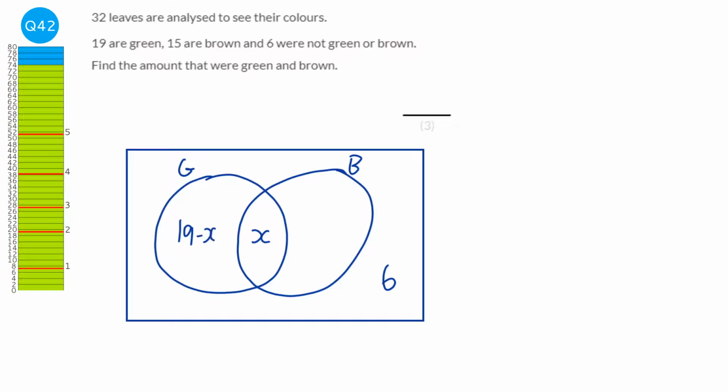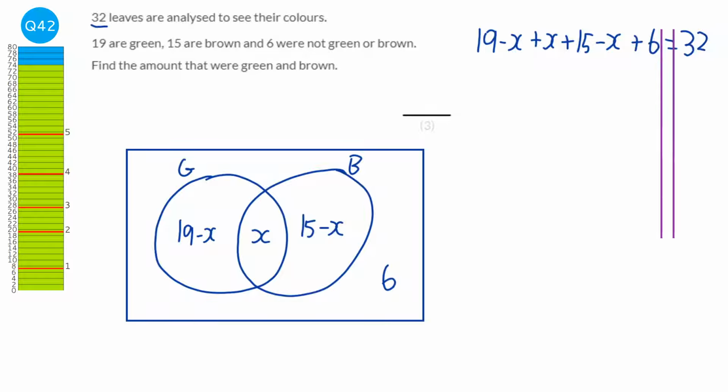And for the brown we can do the same, so it'd be 15 minus X. And for the next step, we know that all of them together add up to 32, because it says in the question. So we're going to add all of these, the 19 minus X, the X, the 15 minus X, and the 6 together, and we know that equals 32.